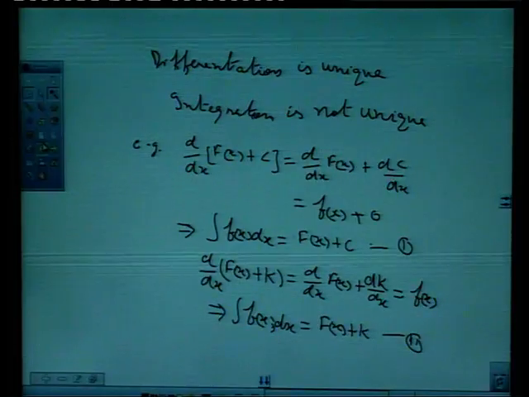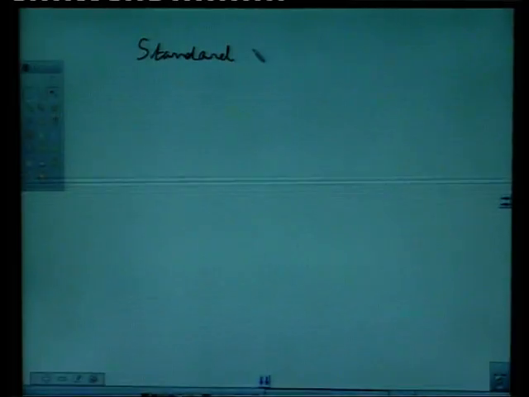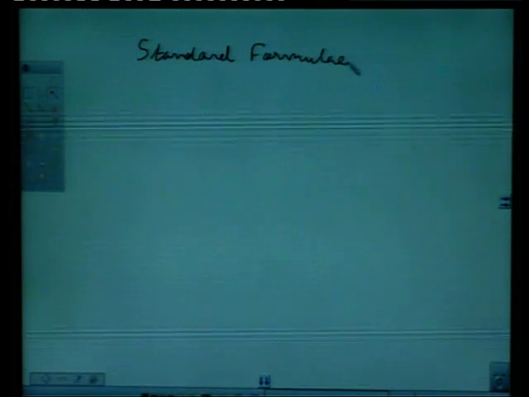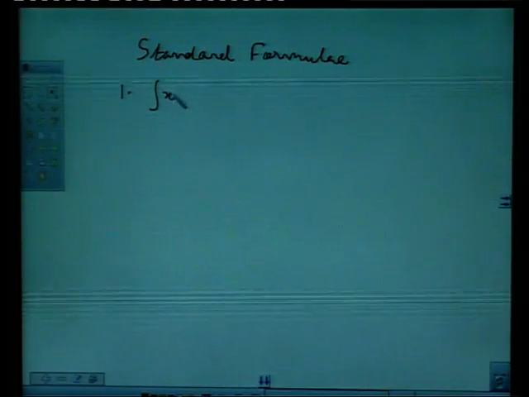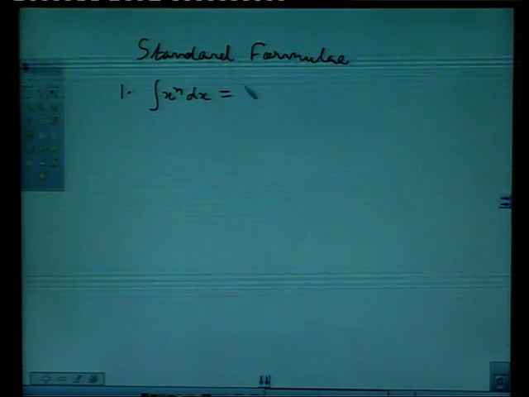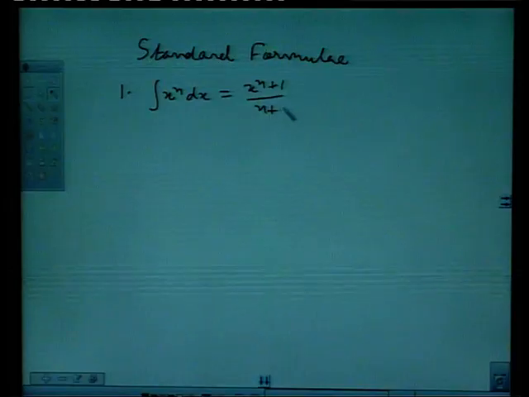Say, standard formulae. The first formula is the integration of x to the power n with respect to x is x to the power n plus 1 upon n plus 1.